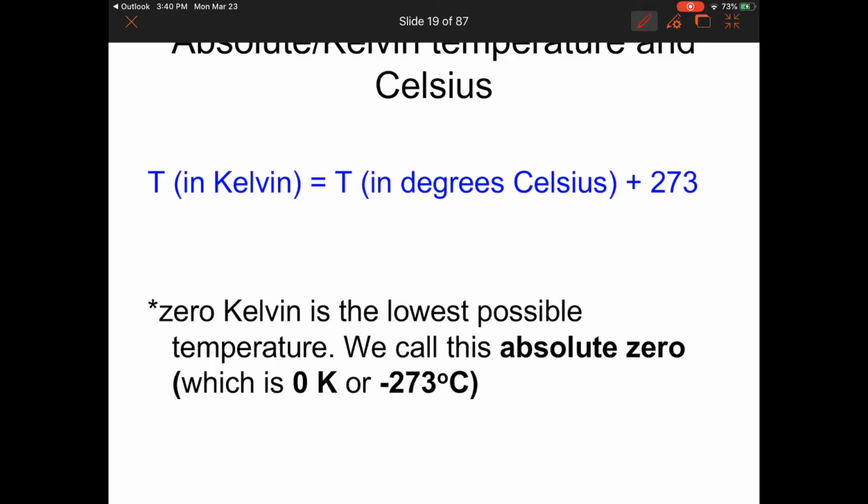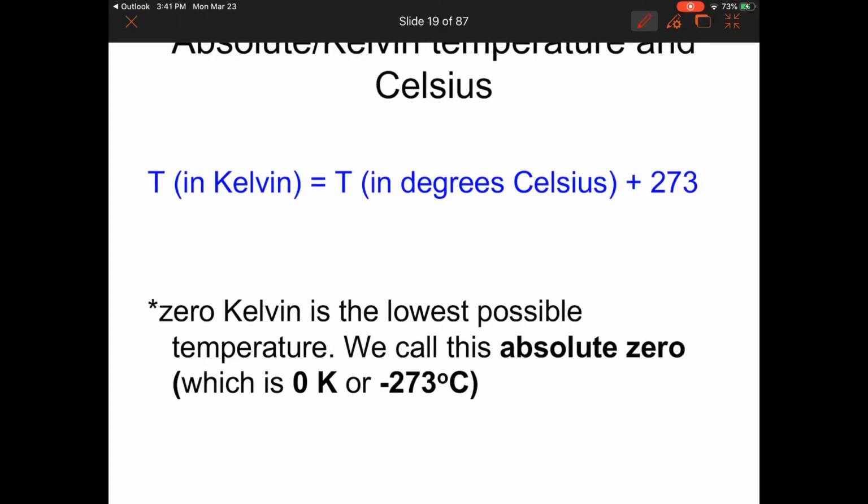That doesn't make it useful when you think about it, because 0 Celsius doesn't mean it has 0 energy. That's impossible, right? Molecules, particles, they're always vibrating. They have some kinetic energy. So saying that a block of ice has no energy in it, okay, that doesn't make a lot of sense.